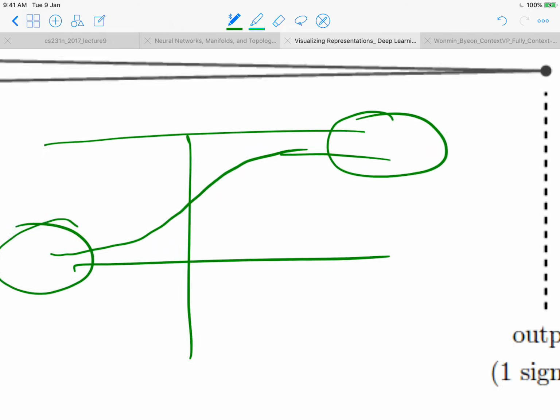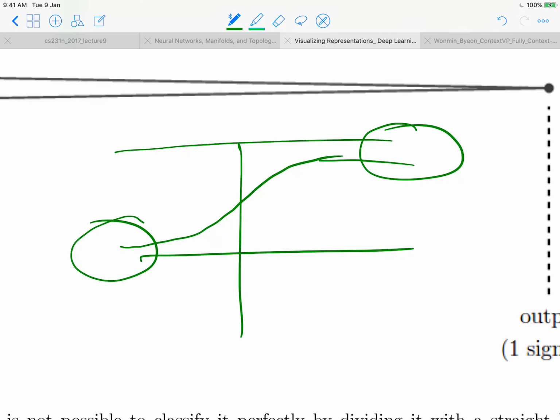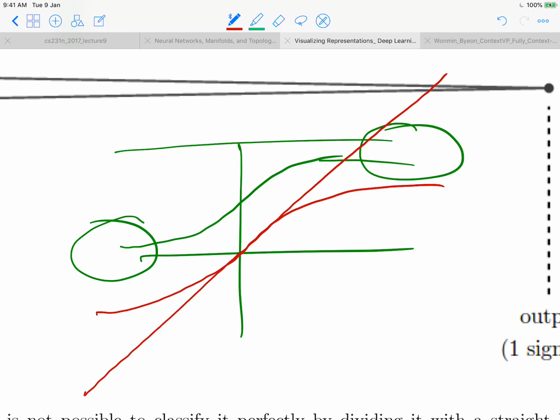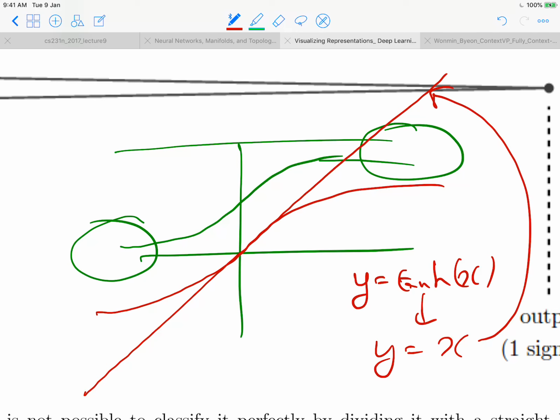So why do we use this word squashing? I'm not sure I described it in this manner, but let's just consider the tanh, which is almost the same as this guy, but having a zero mean. So this is a tanh, and if we don't use any nonlinear unit, let's just replace that nonlinear unit tanh x with just y equals x, and then it will correspond to this line, right? This is the y equals x line.